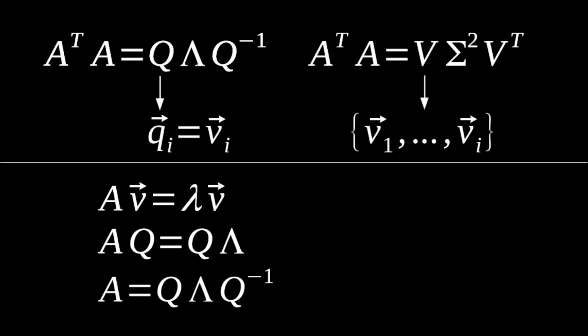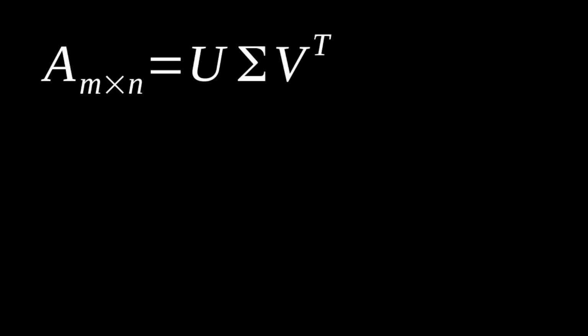And so when we compute the eigenvalues and eigenvectors using the NumPy linalg eig function, we get everything we need to compute two of the matrices that we need in this singular value decomposition.